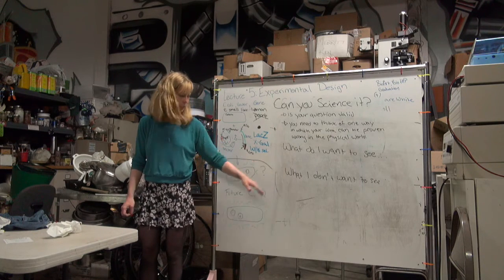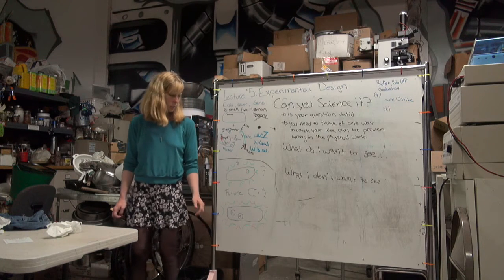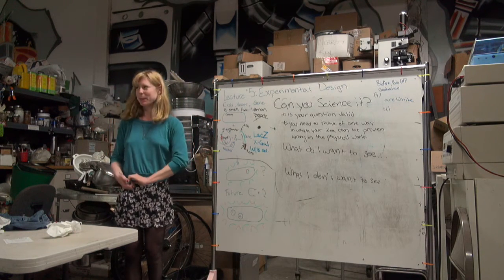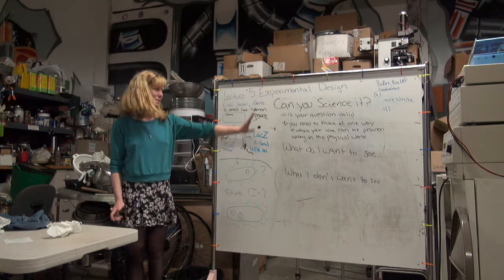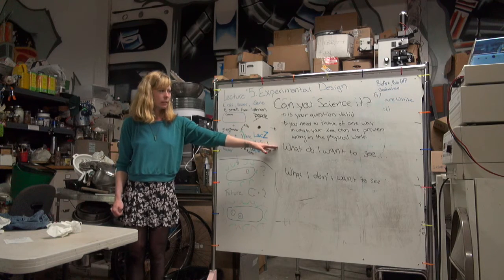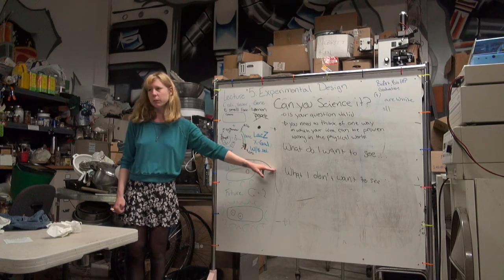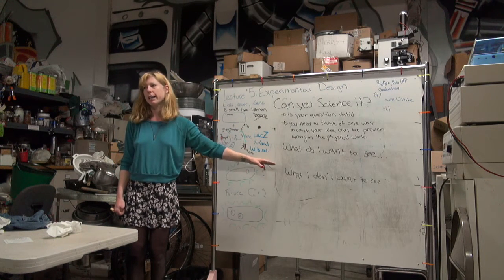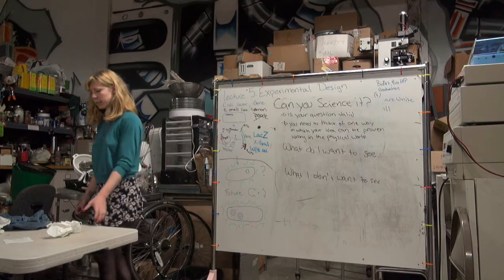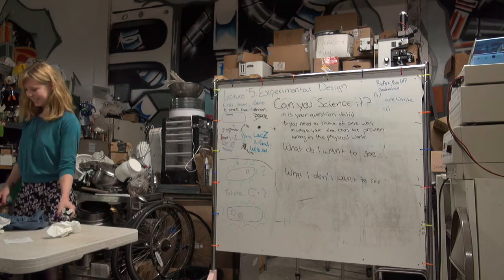So those controls can be in there as well. And then you build your experiment out. That's the overarching "can you science it?": articulating what you want to see, articulating what you don't want to see, and the reasons why those things might be true. And that's experimental design. That's it.